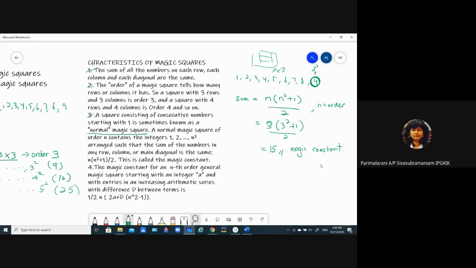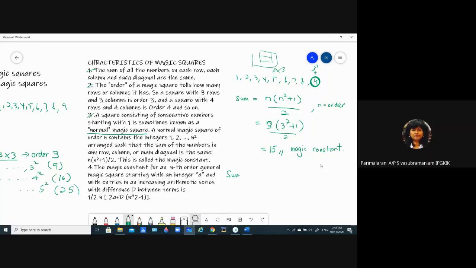Okay, so if the magic square is a normal magic square, to determine the sum of numbers in any row, column, or diagonal, we use this formula: n times (n squared plus 1) divided by 2. But if your magic square starts with any other number, then we use a different formula.